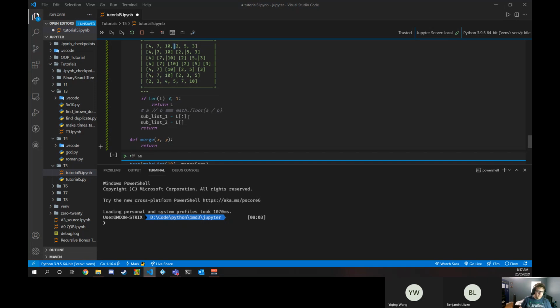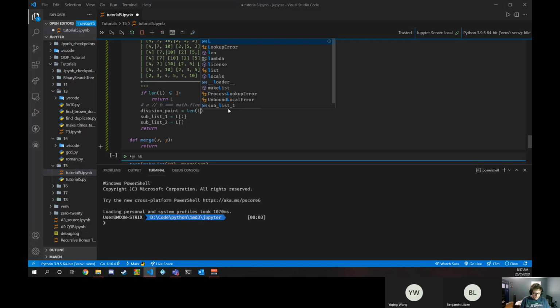It's this part right here, where that pipe is, the division point. So I'm going to create another variable called division point. And what is division point equivalent to? Well, if we know the length of the list is length of L, and I want to split it in half, I want to do length of L divided by 2.